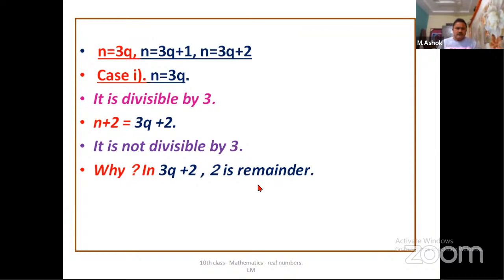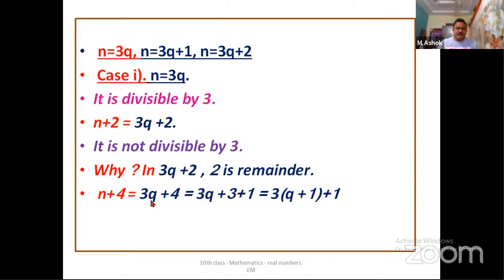Next, n plus 4. The n value is 3q. Adding 4 to the n value becomes 3q plus 4. Here I am rewriting 4 as 3 plus 1. From 3q and 3, I am taking 3 common, so 3 into q plus 1, plus 1.